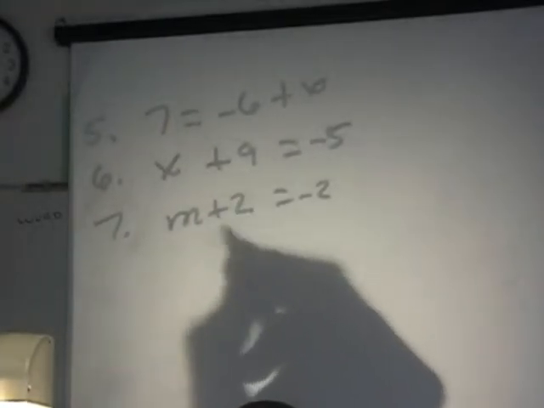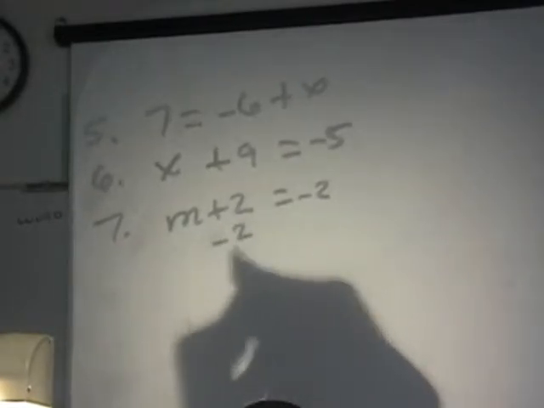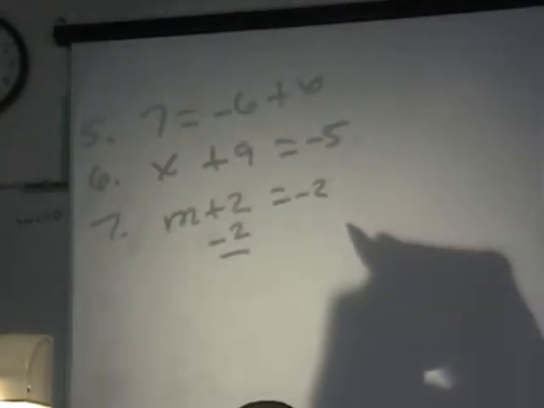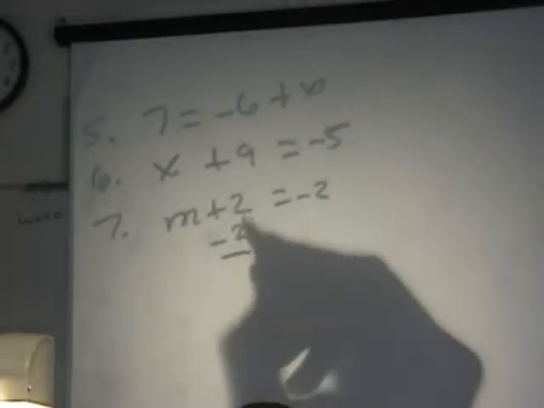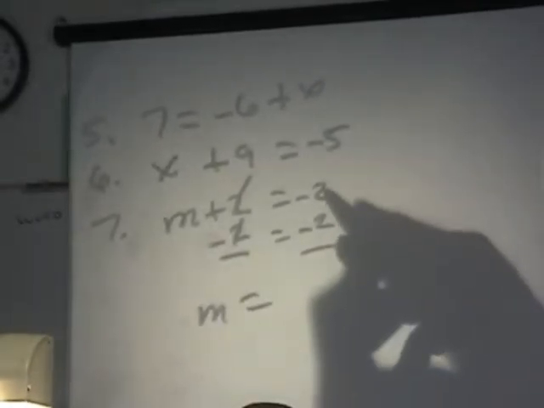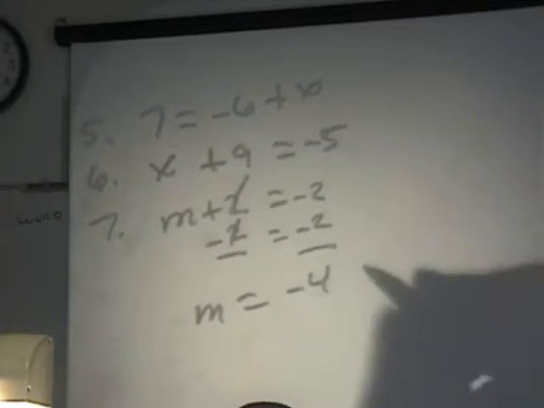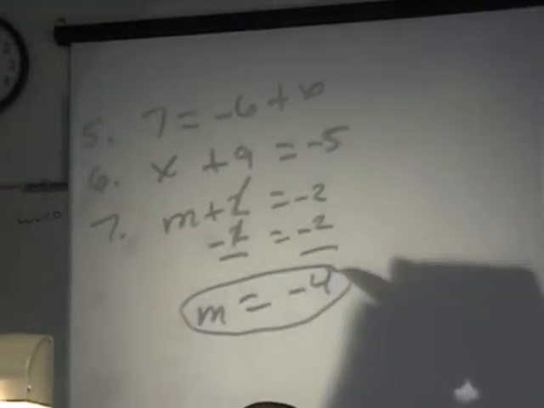How do I undo adding 2? Or how can I add to positive 2 and get 0? Add negative 2. But if I add negative 2 to one side, I must add negative 2 to the other side. Simplify and give us m equals, now how much is negative 2 plus a negative 2? That's a negative 4. So the solution is m equals negative 4.